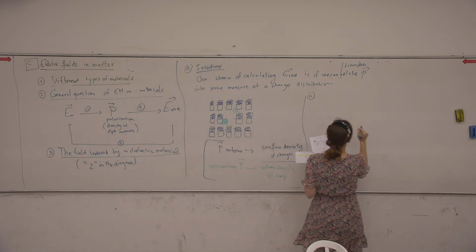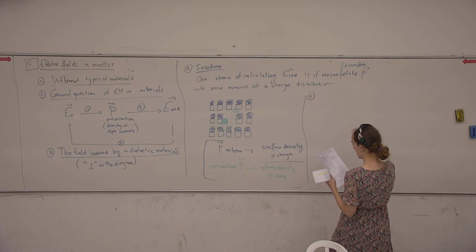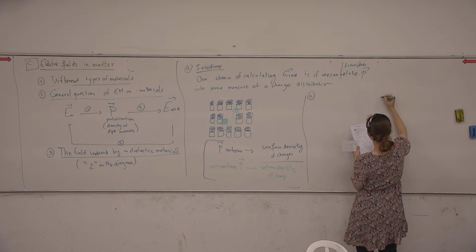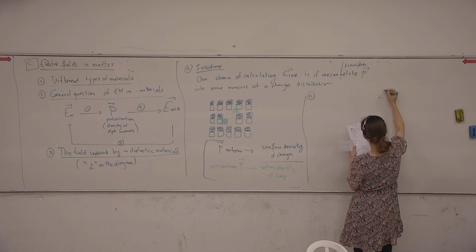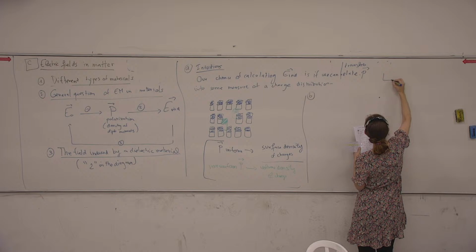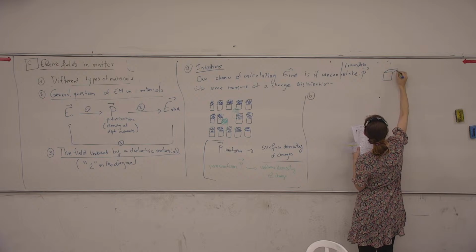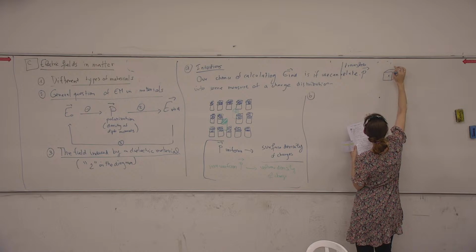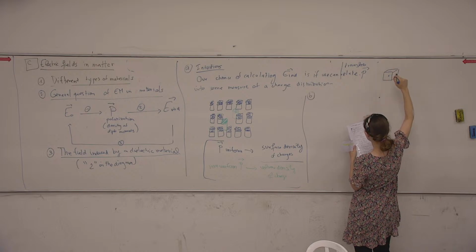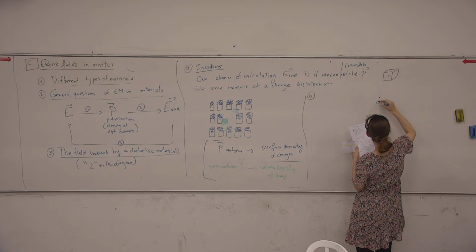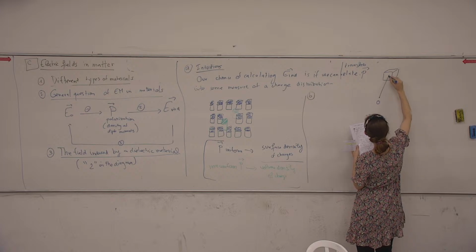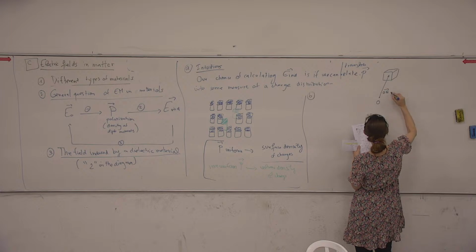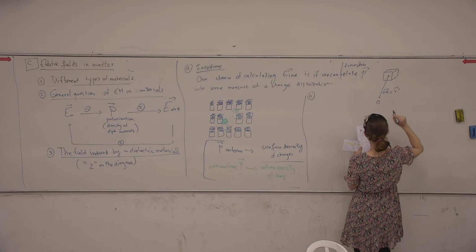So let's draw again the drawing that we had for the dipole. Here I have a small box of the dielectric material. Here I have O, and it's always the same. ON is R prime.